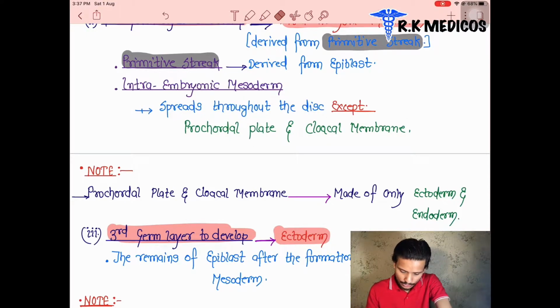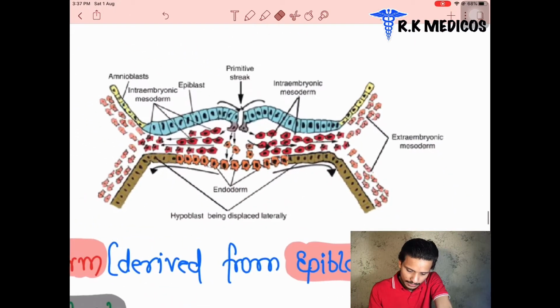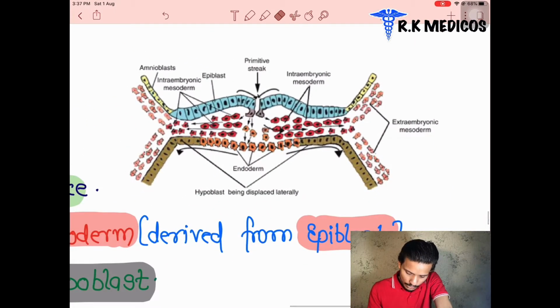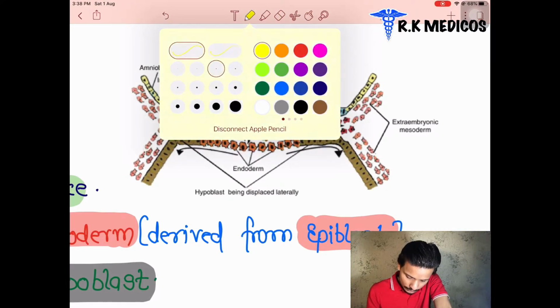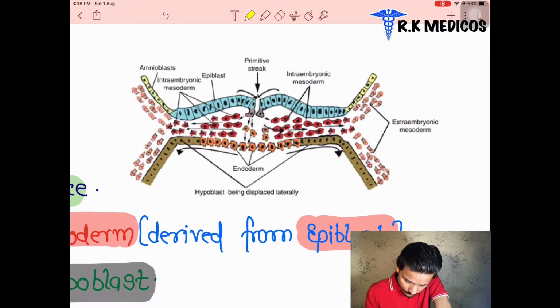You can watch on it. Now we already see these are the endoderm cells, and these endoderm cells are replacing the hypoblast cells. Now we are going to move on to the red cells. Look at the red. I'm going to mark in yellow. You can see these are spreading in all this region.